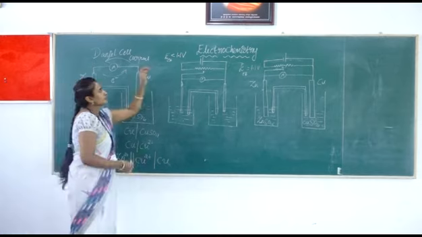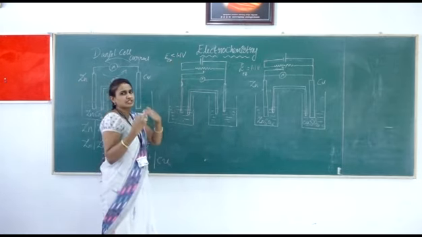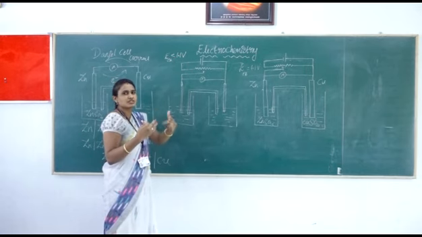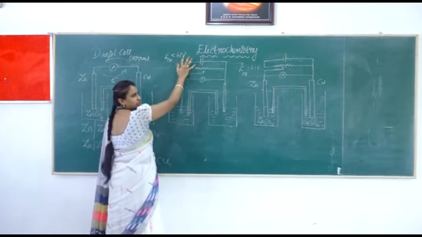Now, suppose the external potential applied is less than 1.1 volt. You should increase the potential for the Daniell cell: 0, 0.1, 0.2, 0.3, like this, up to less than 1.1 volt.